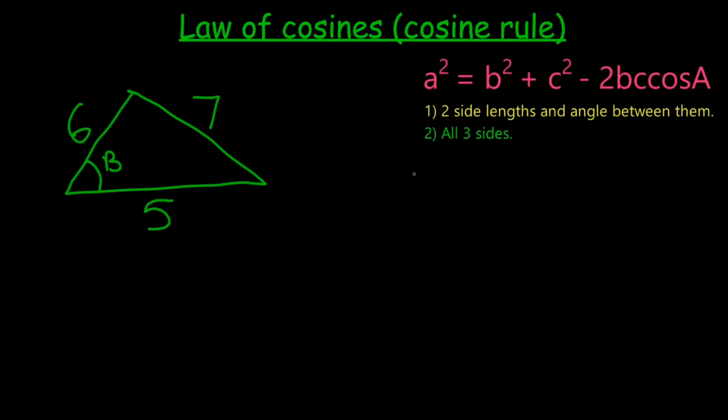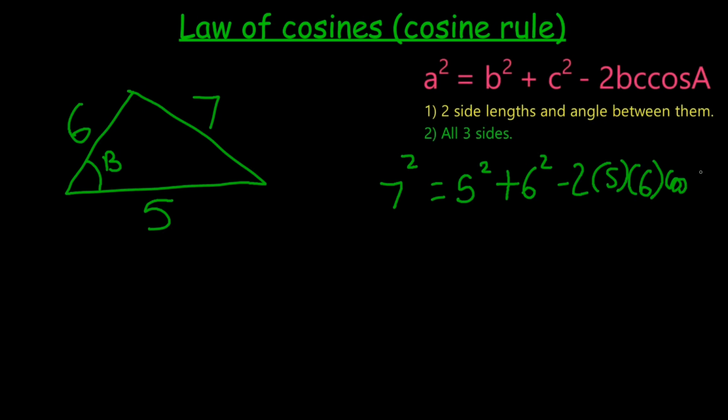So we start with side length b, which is 7 squared, which is equal to side length a, we'll call it 5 squared, plus side length c, which is 6 squared, minus 2 times a times c, multiplied by the cosine of angle B.